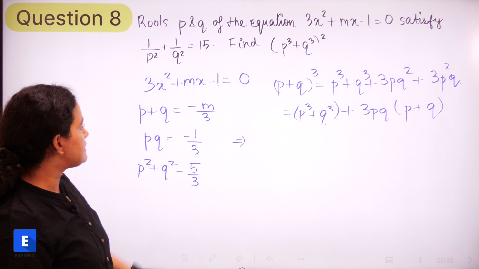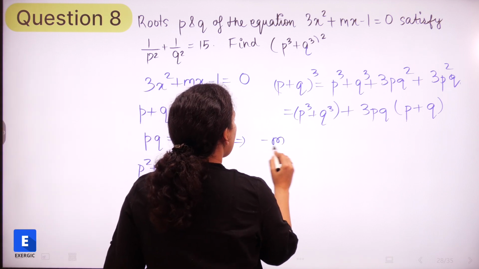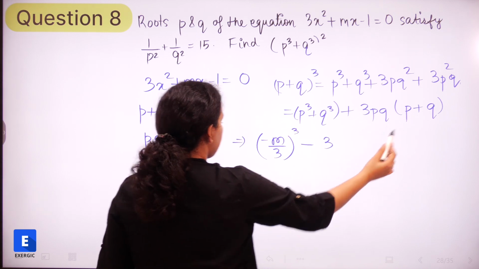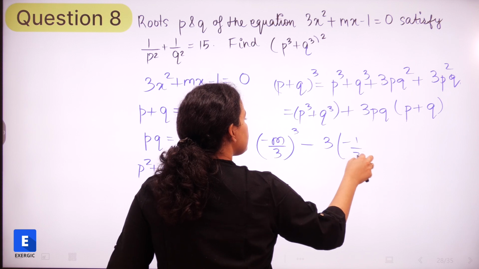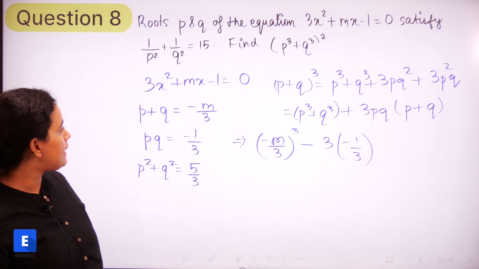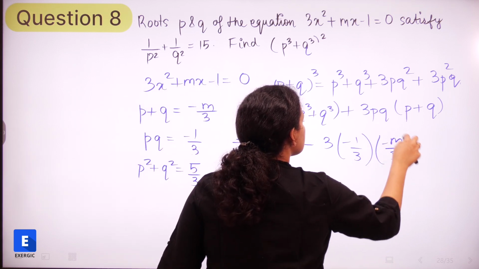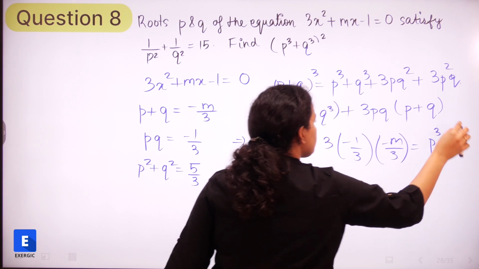Right? And p plus q is something that I know. It's minus of m by 3 whole cube minus 3 pq, which is minus 1 by 3, so minus 1 by 3, and p plus q is again minus m by 3.